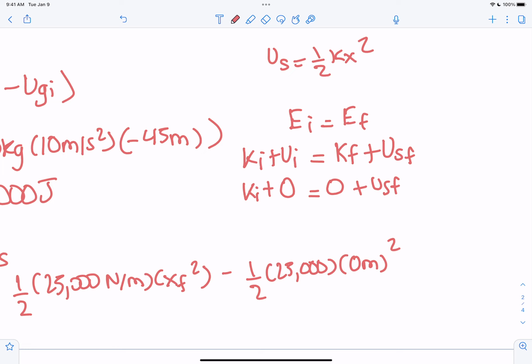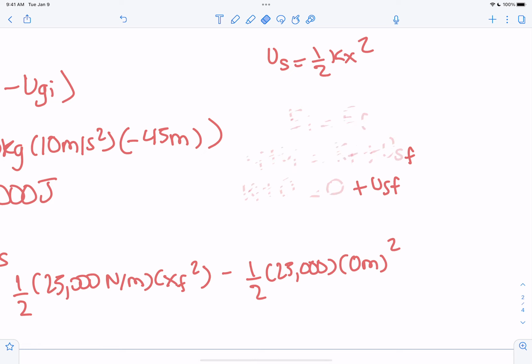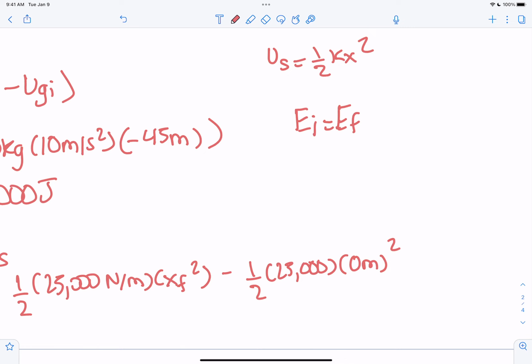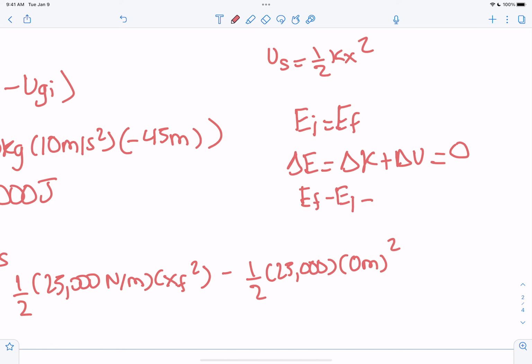Okay. So, I guess lesson learned. Forget the delta stuff because that's just going to throw you off. I would just go with EI is equal to EF, because delta E is equal to the change in kinetic plus the change in gravitational potential energy or change in spring potential energy, right? And this is all equal to 0 because energy is conserved. So EF minus EI is equal to 0.